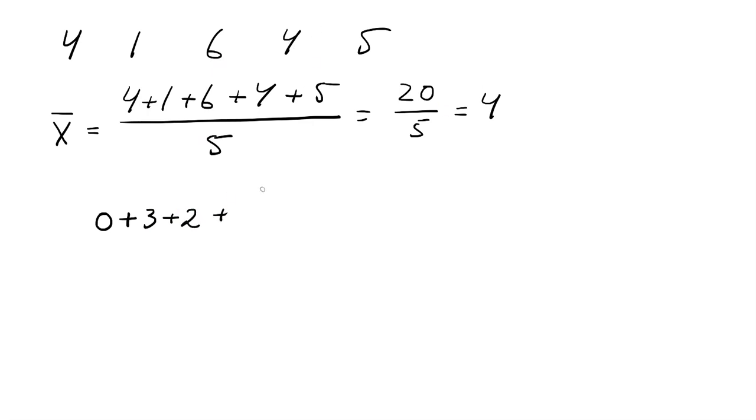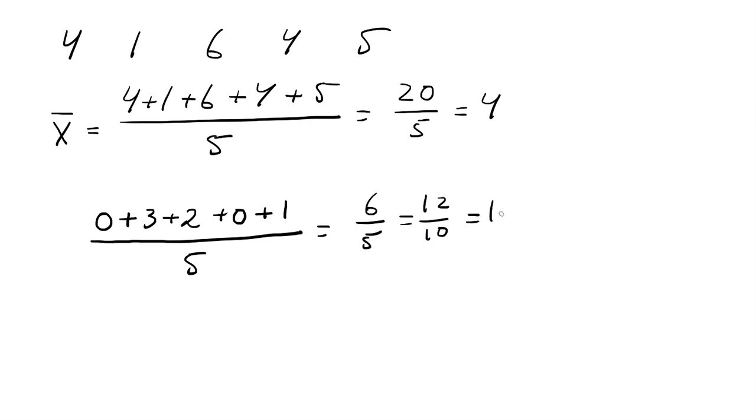And 4 is the distance of 0. And 5 is the distance of 1. So now take the average of these 5 distances. I got 6/5 or 12/10. So 1.2. So that means that the mean absolute deviation in this case is 1.2.